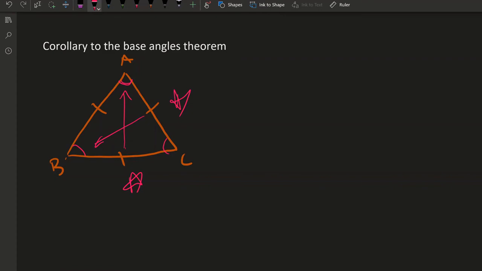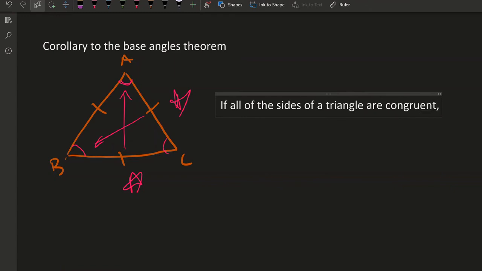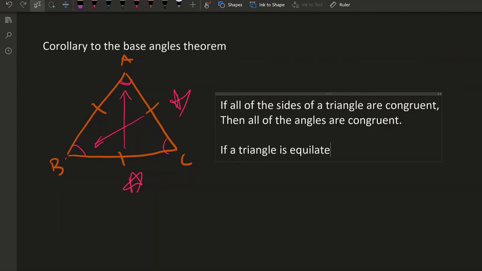So, the corollary to the base angles theorem says if all of the sides of a triangle are congruent, then all of the angles are congruent. Another way of saying that is if a triangle is equilateral, then it is also equiangular.